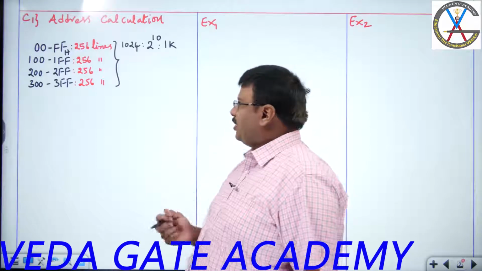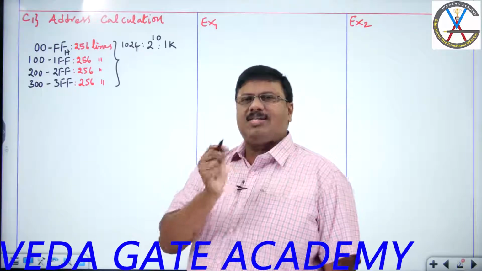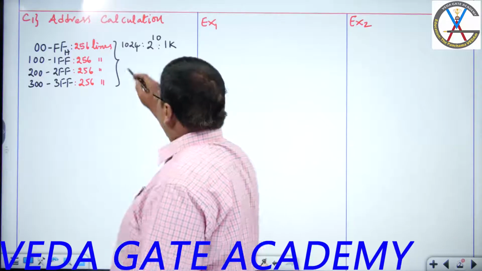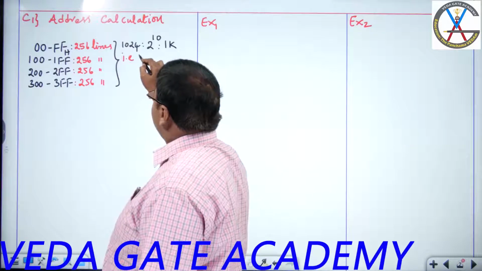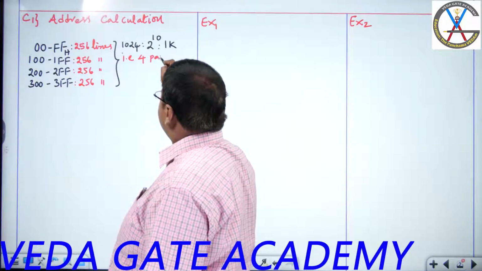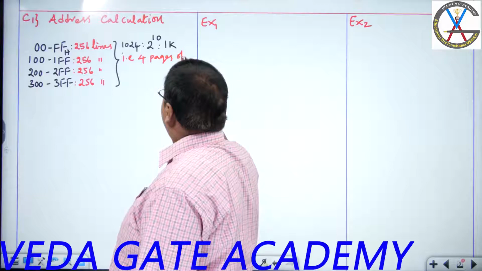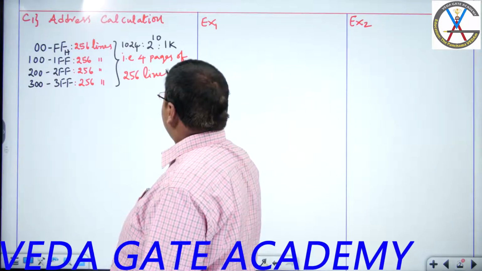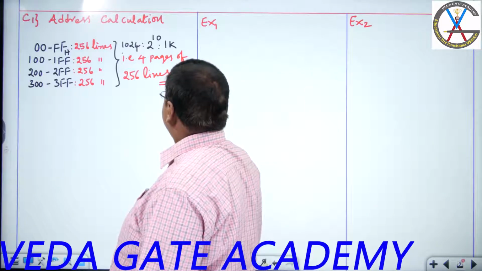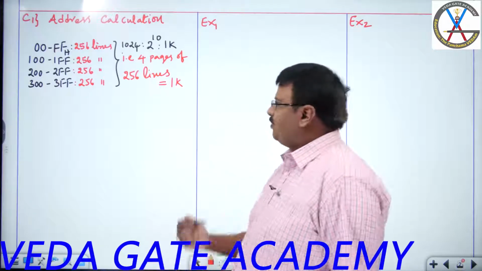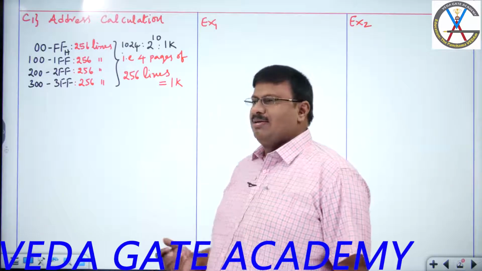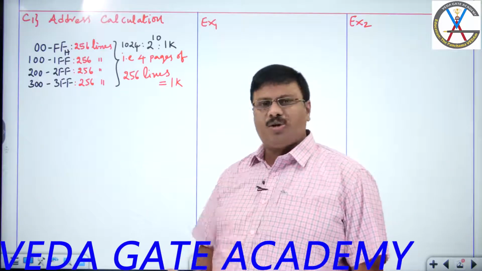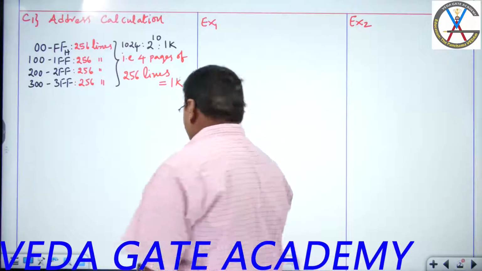If I assume that 256 lines is 1 page, that means 4 pages of 256 lines is equal to 1K. Similarly, another 4 pages of 256 lines, 2K, right? Another 1K. So, continuation.